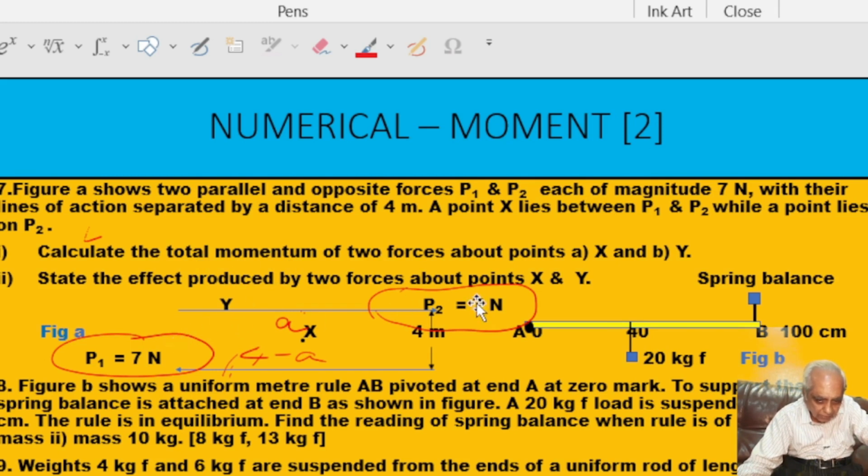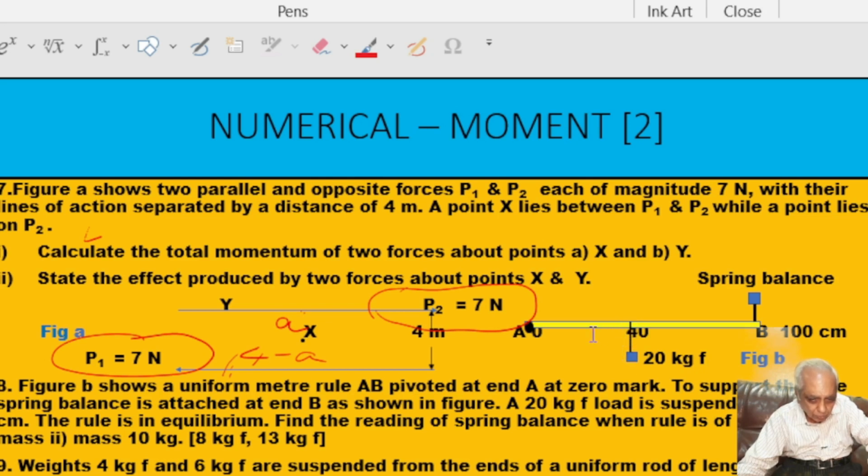Then the next figure B shows a uniform meter rule AB pivoted at end A. So at end A it is pivoted, so this is 0. To support the rule, a spring balance is attached at end B, so some force is acting here. Now, at 40 centimeter, he is attaching a load of 20 kg.